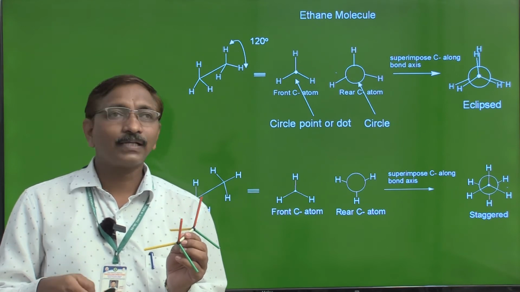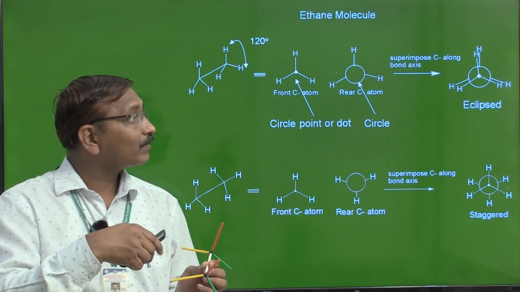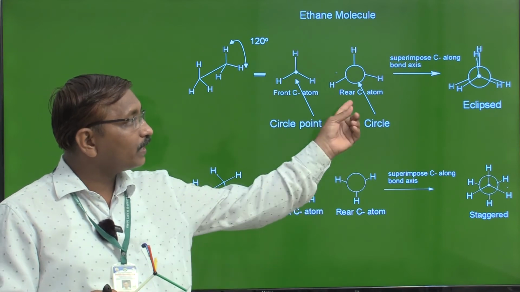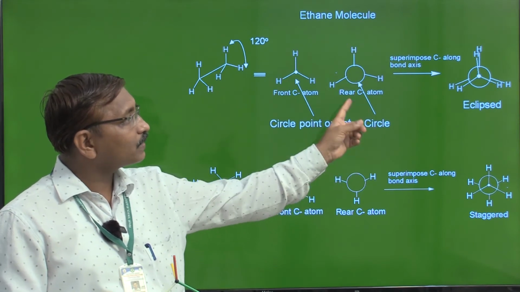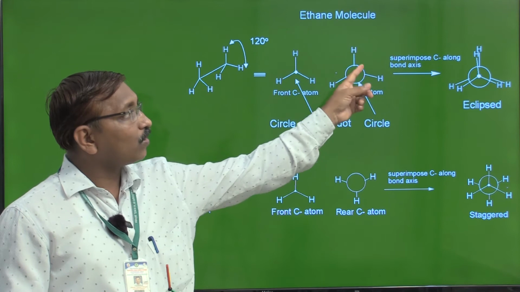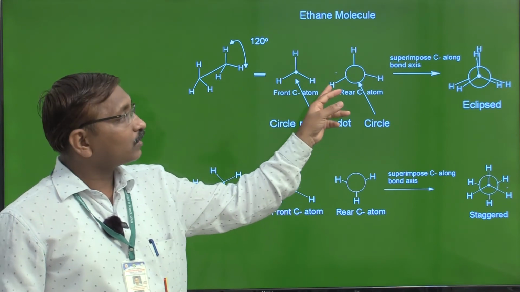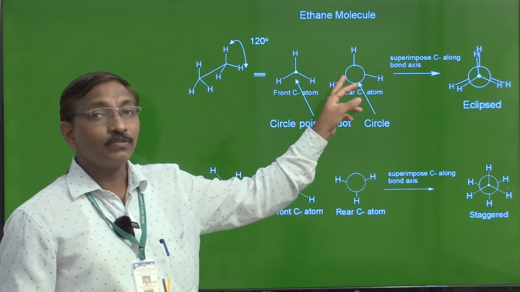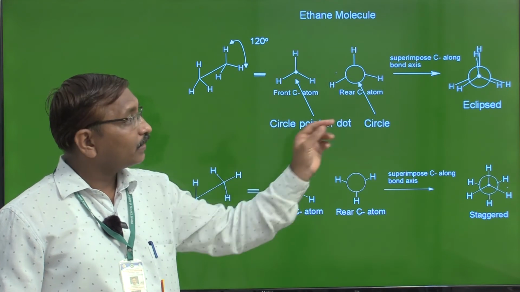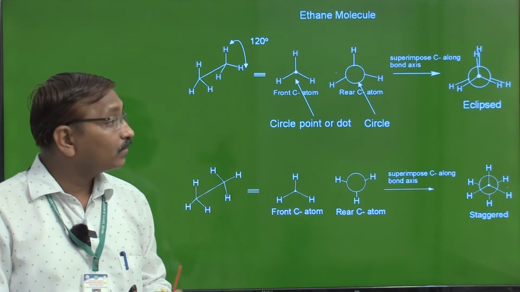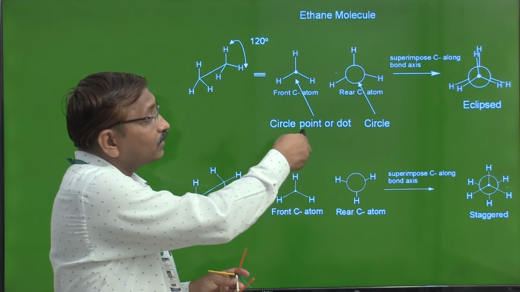Now this is the front carbon atom, while the rear carbon atom observed over here is represented by a circle, and its three hydrogen atoms are attached to the edge of the circle. This is the rear carbon atom.